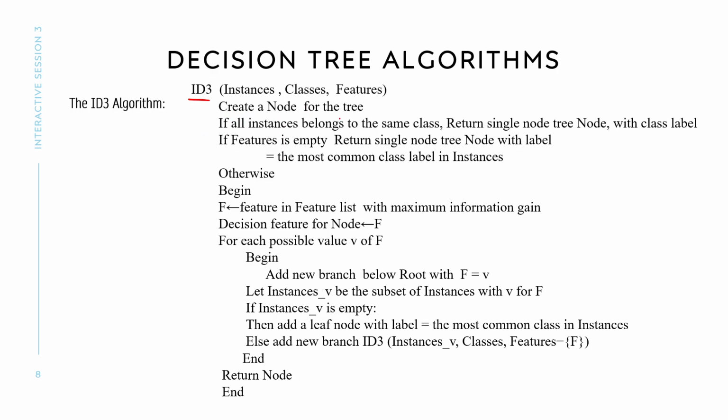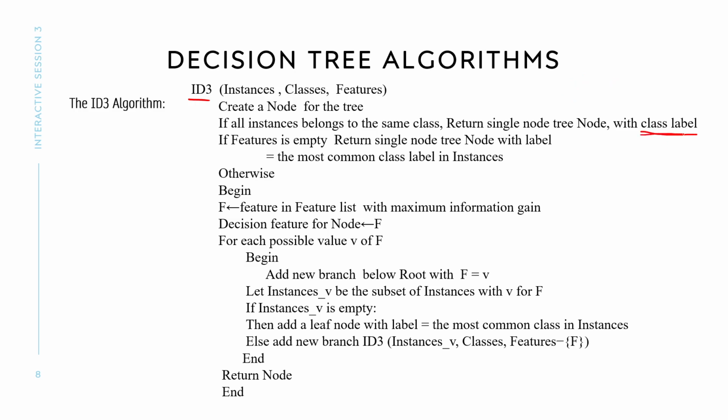First we'll create a node for the tree. If all the instances for this node belong to the same class, then we'll return a single leaf node with the class label, right?